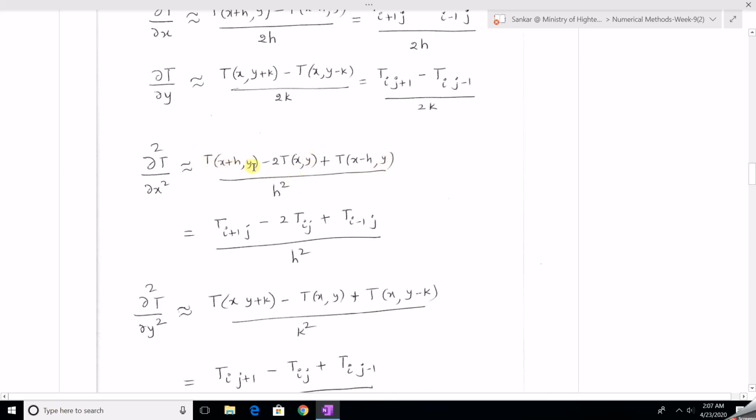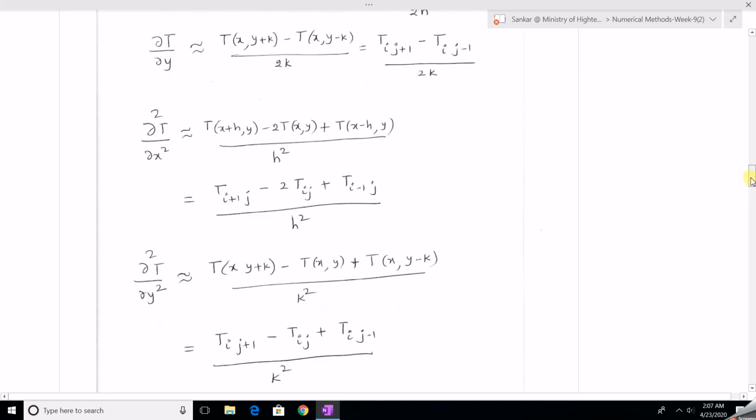So T of x plus h, y minus 2T of x,y plus T of x minus h, y over h². Now using the previous T i,j notation, T of x plus h, y can be written as T i plus 1, j, minus 2 times T of x,y, which is T of i,j, plus T of x minus h, y, which is T of i minus 1, j, over h², where h is the spacing along the x-axis.